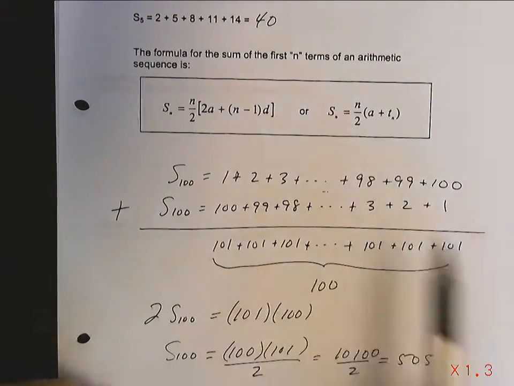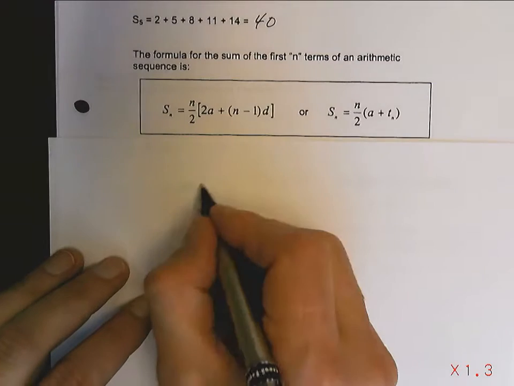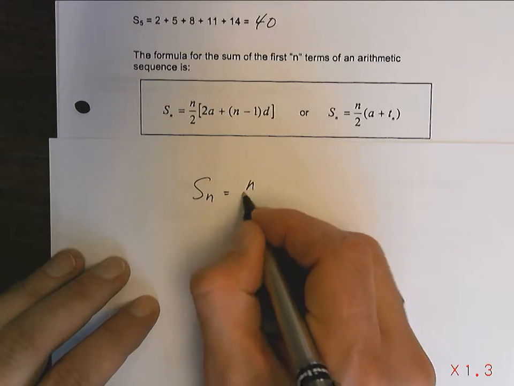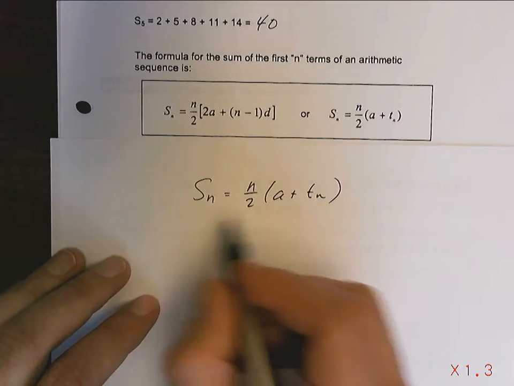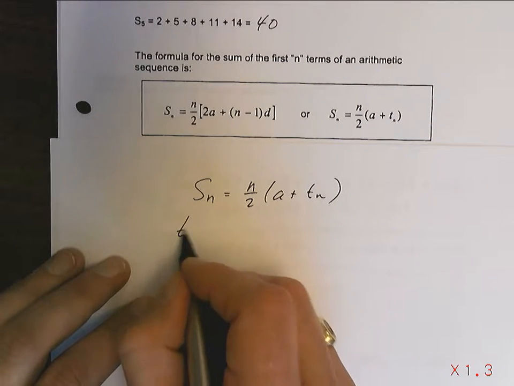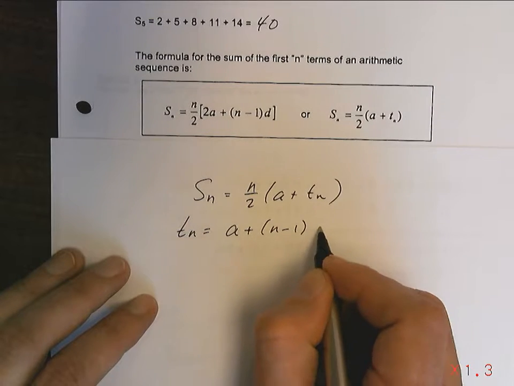Now the next thing to realize is, see this t sub n? I want to take a quick look at that. And that formula here, S sub n equals n over 2 times the quantity a plus t sub n. Remember, in any arithmetic sequence, t sub n is given by a plus n minus 1 d.